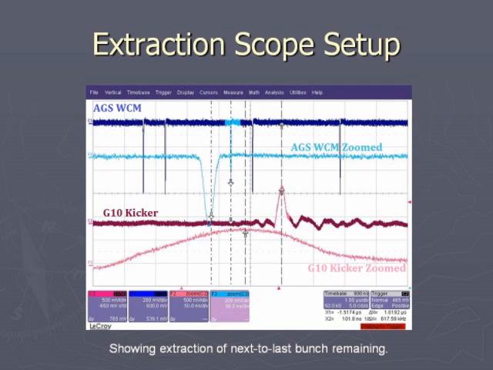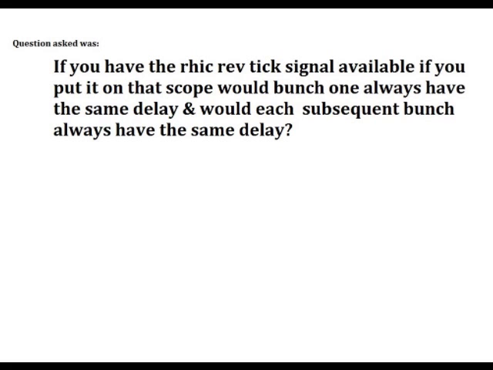So that gets us out of the AGS, and we can talk about APR if there are no questions about the AGS. If you have the rev tick signal available, and you put it on that scope, would bunch 1 always have the same delay from that signal? Like the first bunch extracted and then the second bunch extracted, they would always have the same delay?